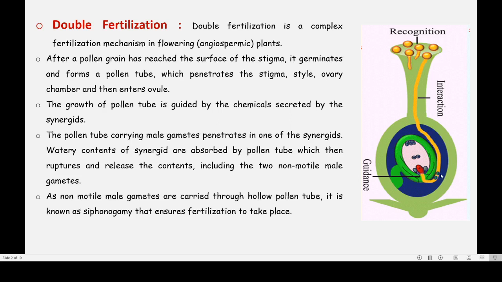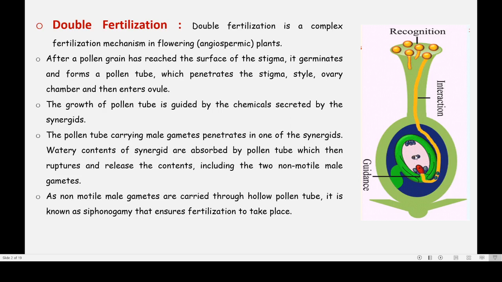Now we have one more male gamete. This male gamete is going to the center part of the ovule. Here this male gamete will fuse with the two polar nuclei, and this will be called triple fusion. Why triple fusion? Because three nuclei are getting fused together.